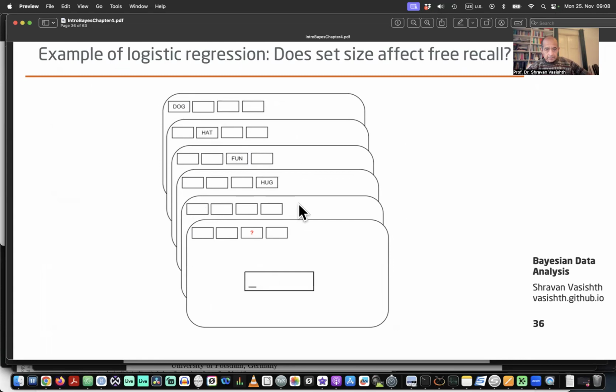Then they see a blank screen with empty boxes, and they are prompted to recall a particular word in a particular position. In this case, they should respond by writing fun. Either they'll get it right or they'll get it wrong, so the response can be either correct or incorrect.